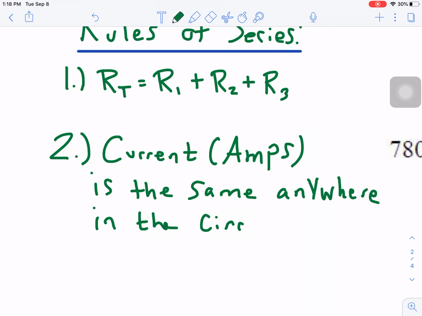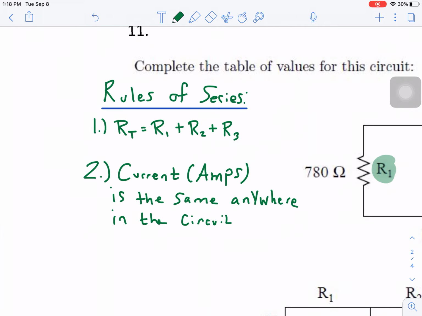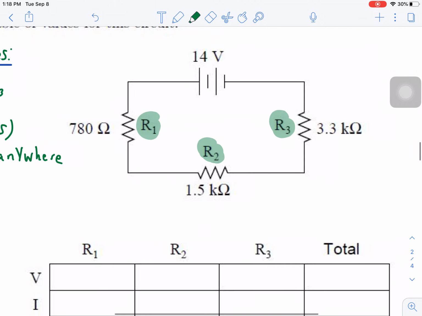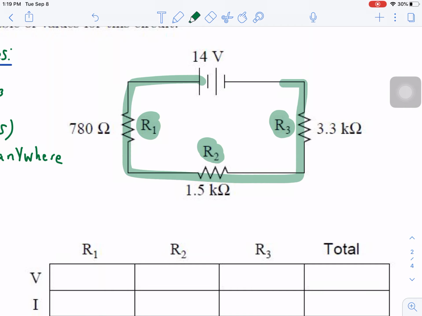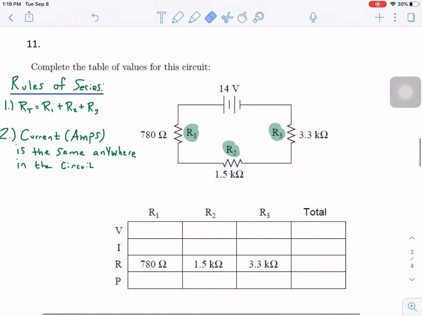So what that means is, if we were to measure how many electrons were leaving positive and going to R1, that would be the same number of electrons flowing from R1 to R2. That would be the same number of electrons flowing from R2 into R3, or from R3 into negative. No matter where we measure, the amount of current will be the same. And again, that's only for series.